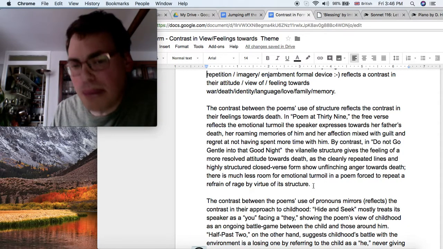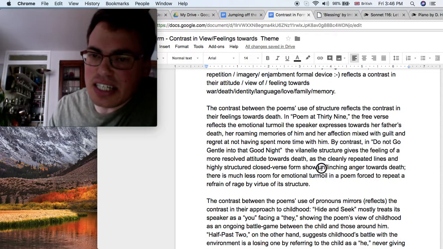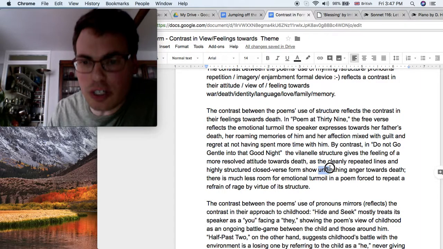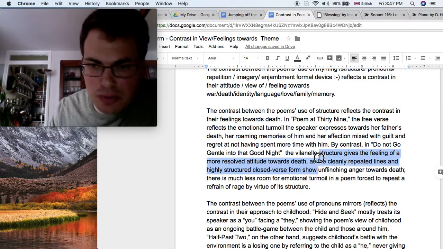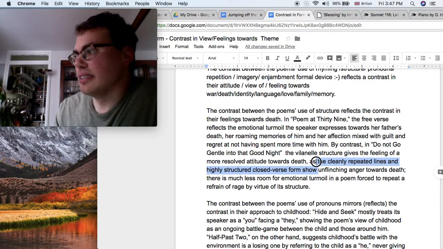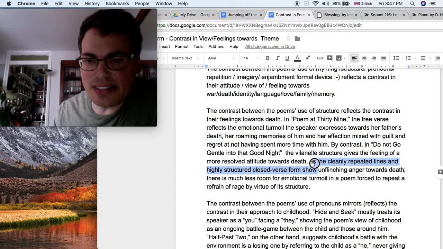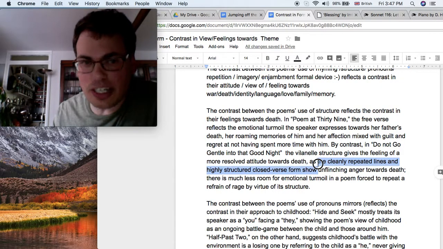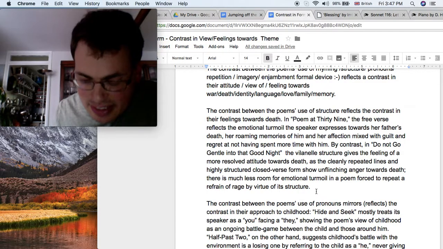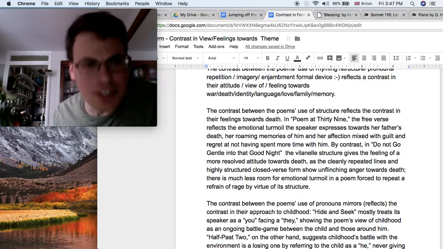So you might add more specificity here with the cleanly repeated lines and highly structured closed verse form. I would talk about the multiple refrains, I would talk about the 6 tercets, 5 tercets and the quatrain, da-da-dum. I would throw in some terminology there.